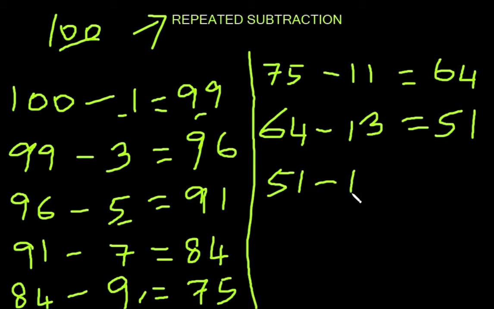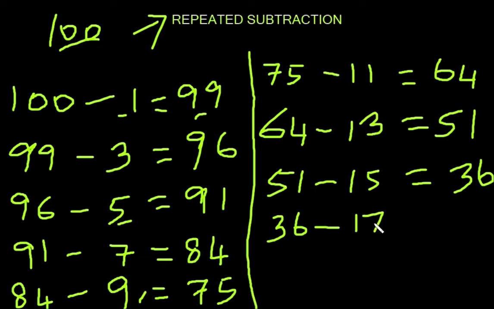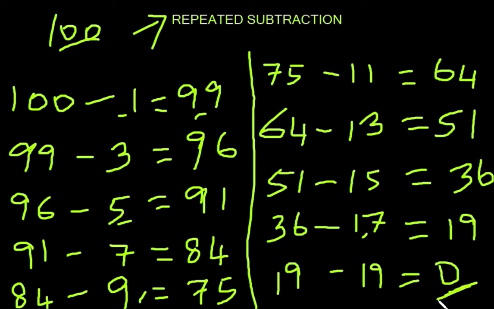Very good. 51 minus 15 gives 36. 36 minus the next odd number, 17. 36 minus 17 is 19. 19 minus the next odd number after 17, which is 19. What is 19 minus 19? 0. Now we have reached the solution.